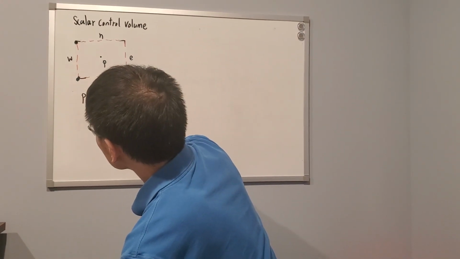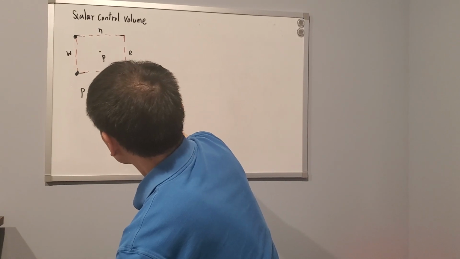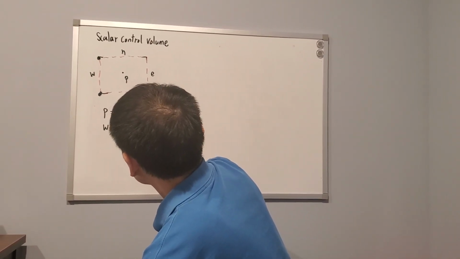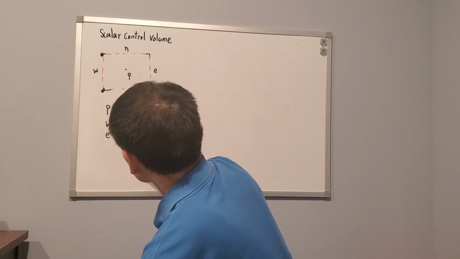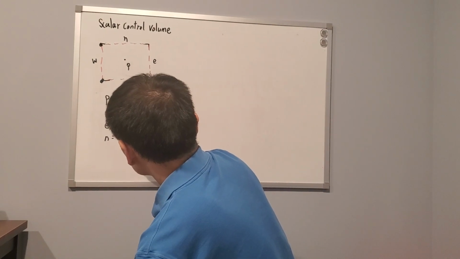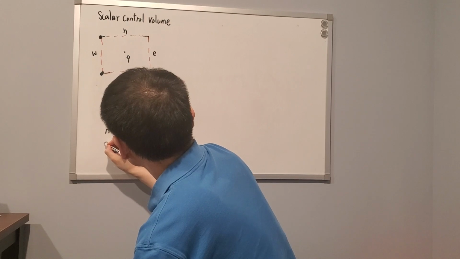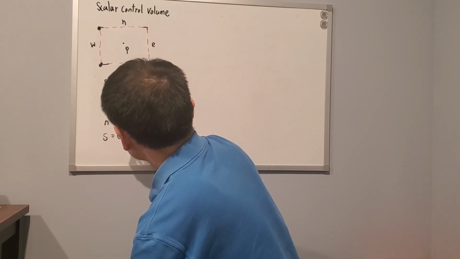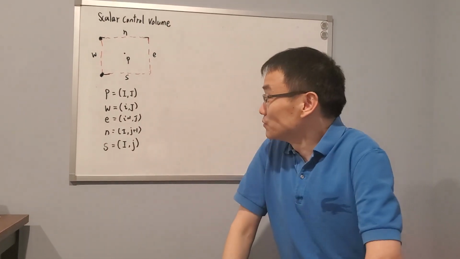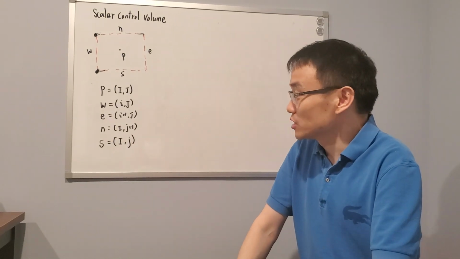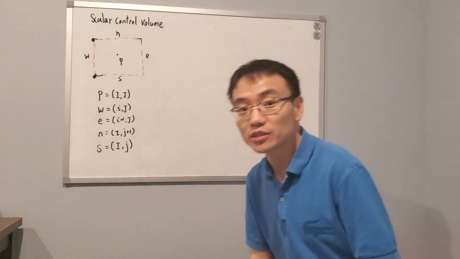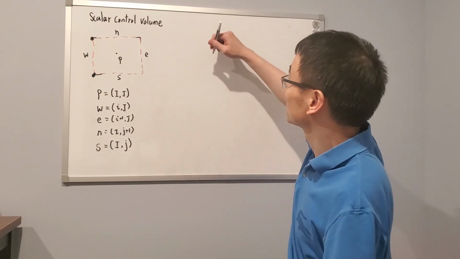Now the P corresponds to I and J, and W face corresponds to I, J, and east face I plus 1 J. North face is I, J plus 1, and south face I, J. Okay, so once we define cell centroids and all faces with 2D indices, we find the stencil for this particular scalar control volume.